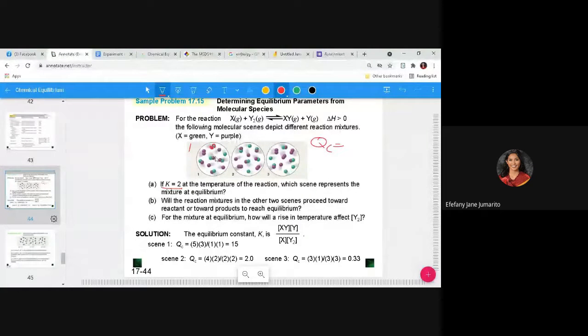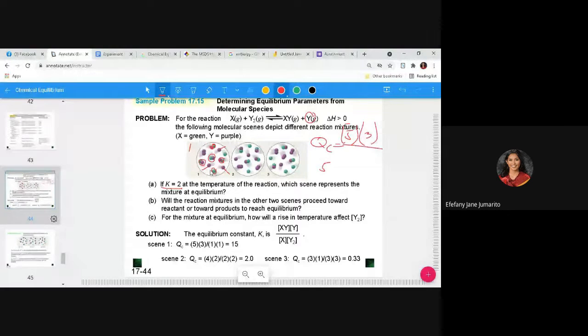What about Y? The Y is purple: one, two, three. Three.